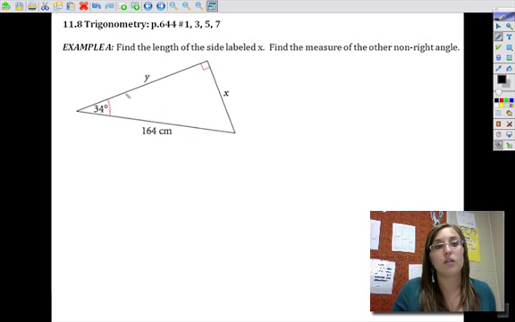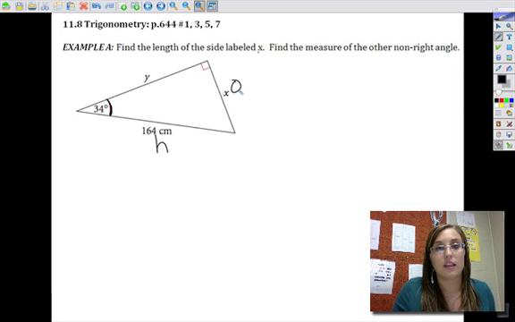So what we're going to do is start by finding the side labeled x, because we have this angle and we have this side, okay? And what I know is that I can use either sine, cosine, or tangent of this angle to find this side over here. The side that I want is opposite of that angle. The side that I have is the hypotenuse.